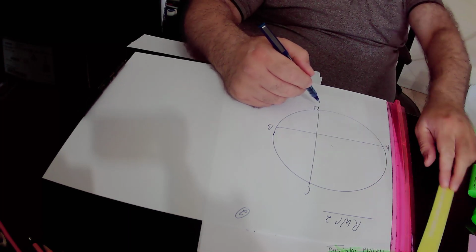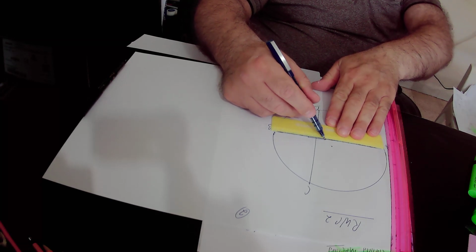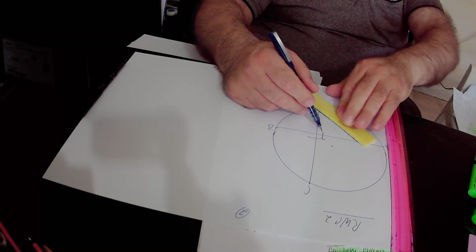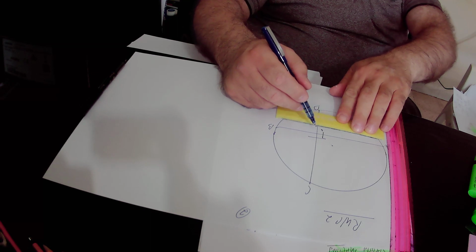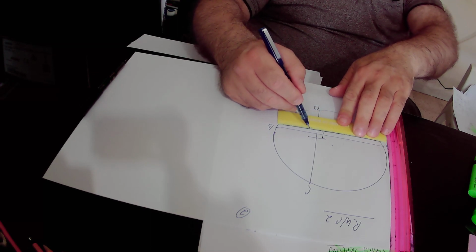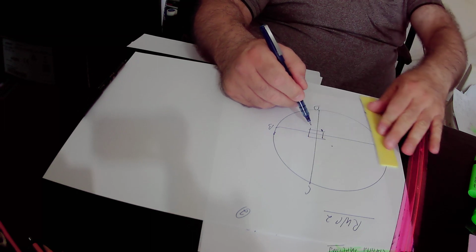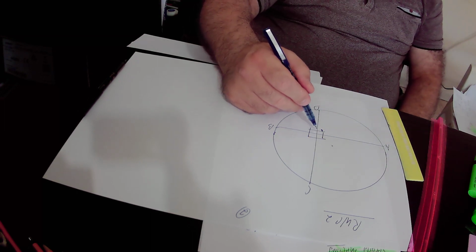At the intersection point, they create 90 degrees between them. We define the intersection point between chord AB and chord CD as O.